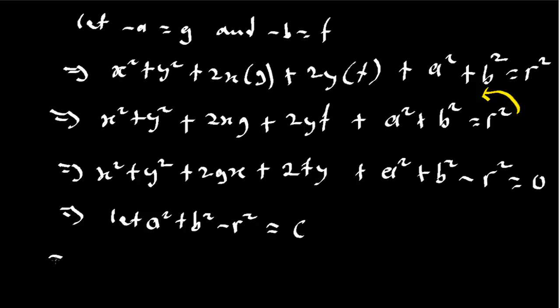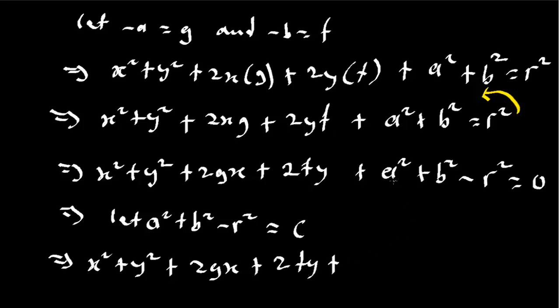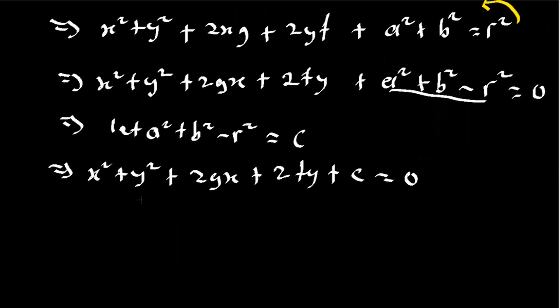And that means that x square plus y square plus 2gx plus 2fy, then the whole of this is now the c, so you replace that with plus c equal to 0. And then this equation is what we call the equation of the circle.